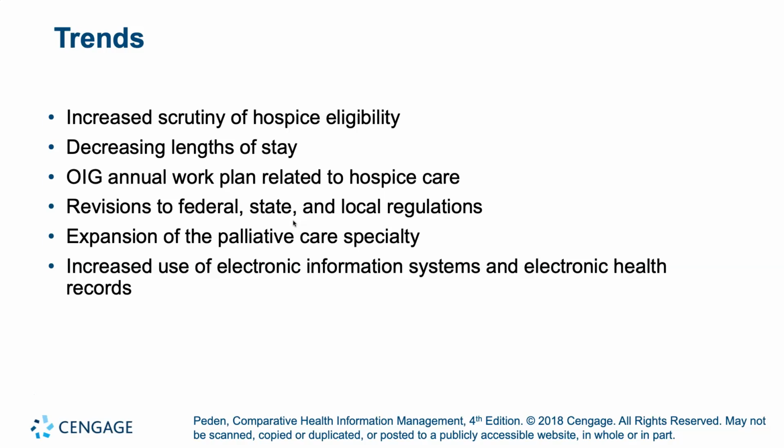There are decreasing lengths of stay for hospice because, with advancements in care and technology, patients and providers are waiting longer and longer before saying, oh, we really have reached that terminal point, or admitting that what we're doing is not working and nothing else is really available to do. So yes, there are decreasing lengths of stay when it comes to hospice care.